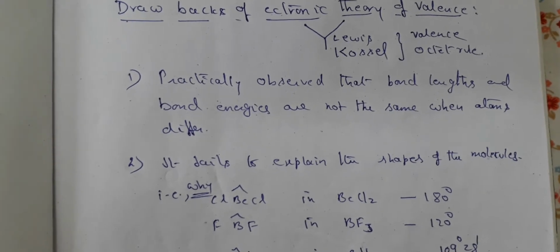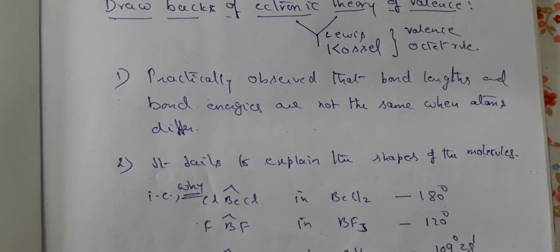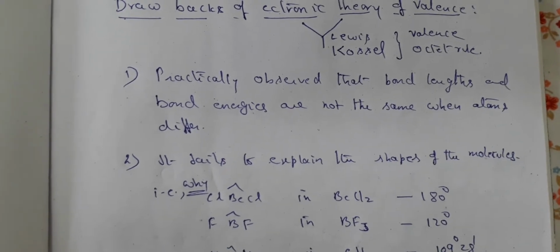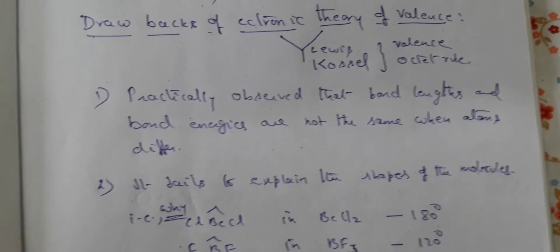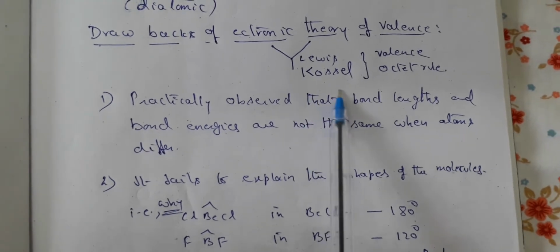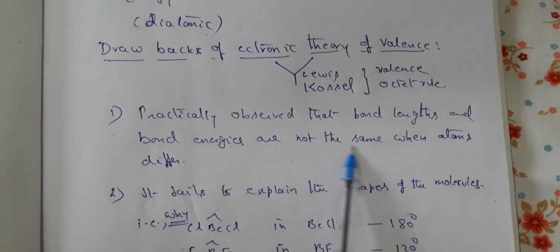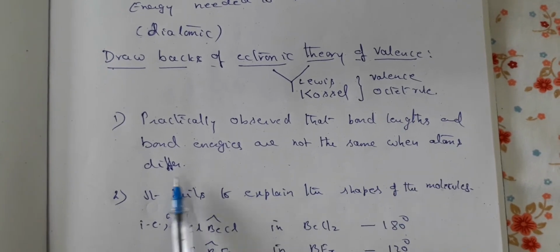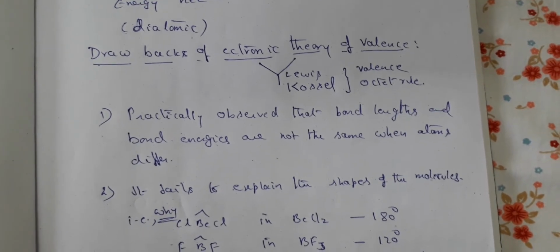So there should not be any difference in bond length or bond energy as per this theory. But practically we observed that bond lengths and bond angles are not the same whenever there are different atoms participating in the bond.